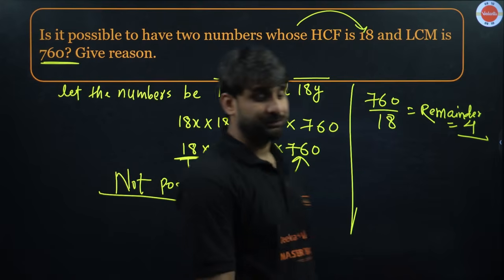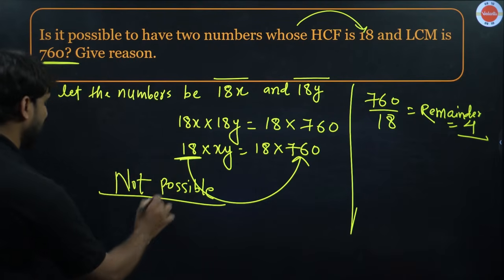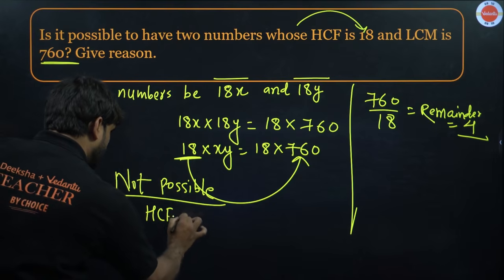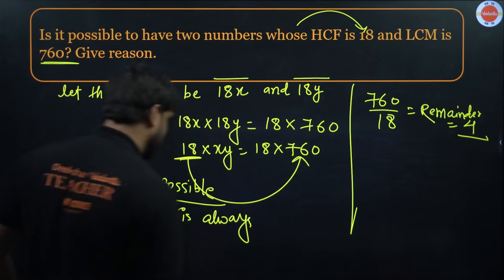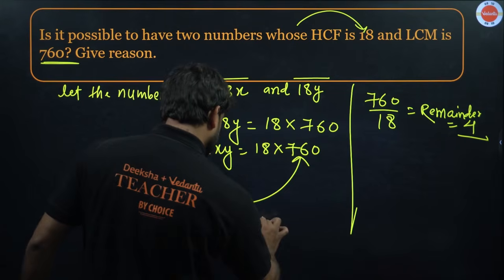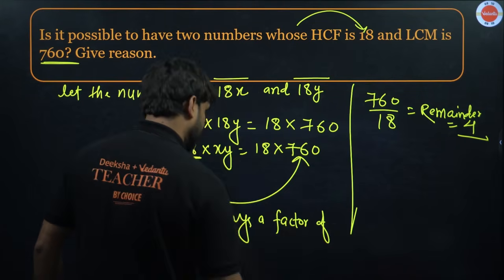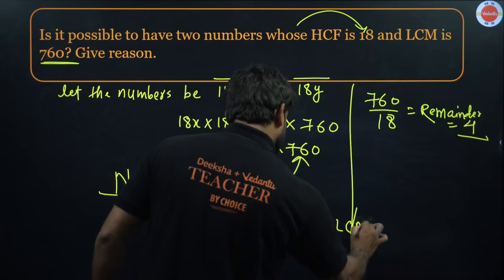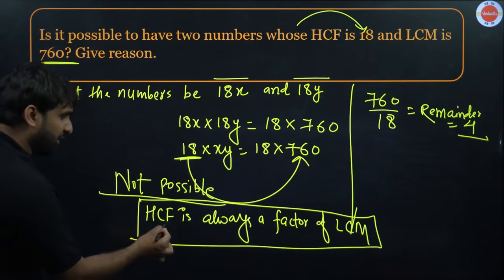Is it clear? You can keep one thing in mind. My dear champion, if you have written it down, please write this line also: HCF is always a factor of LCM. The HCF of any two integers is a factor of its LCM.